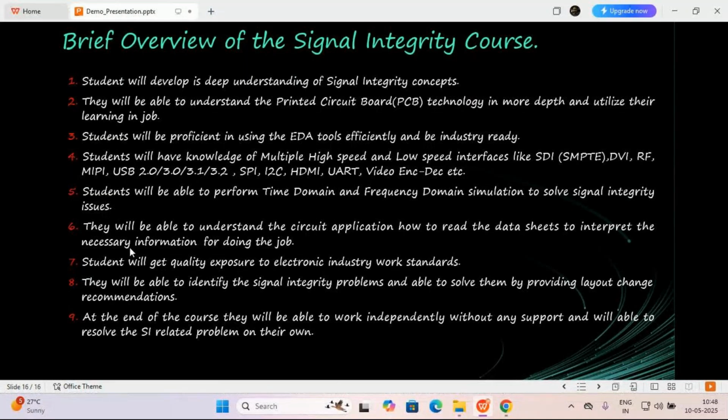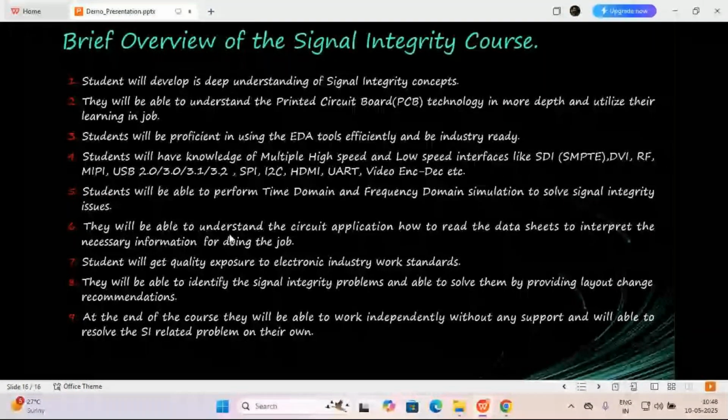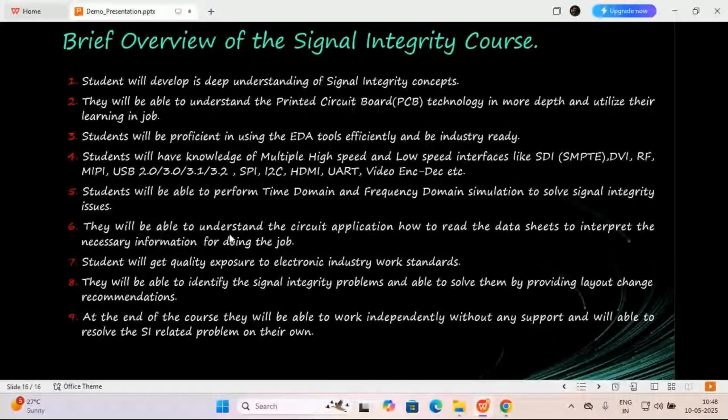I will assign the interfaces accordingly, and you have to tell me what issues are present in that interface, what signal integrity problems are present, and how we can solve them. You have to give me the recommendation.